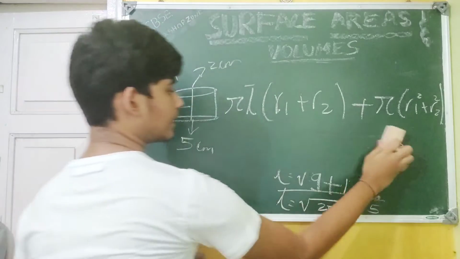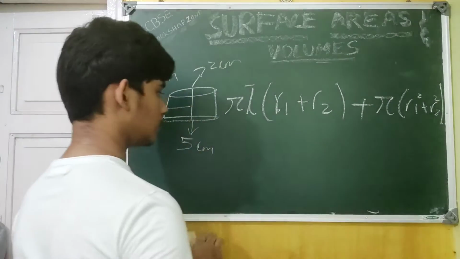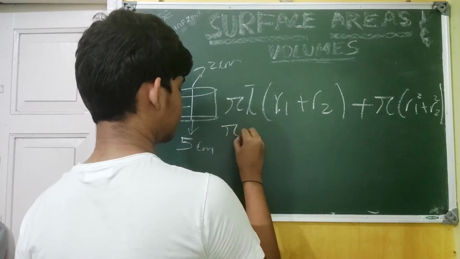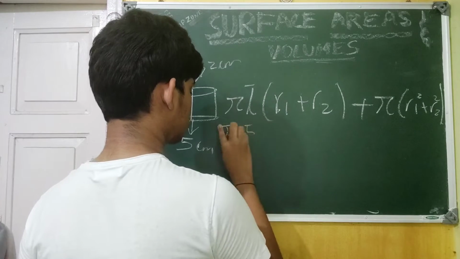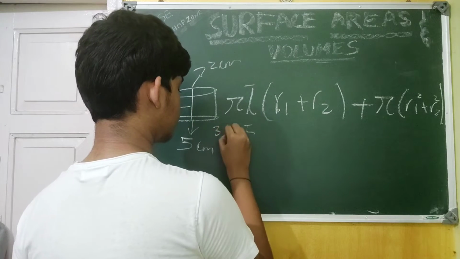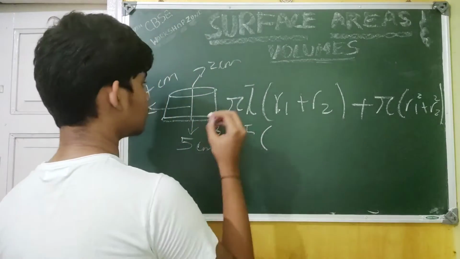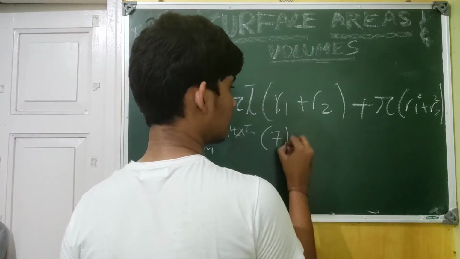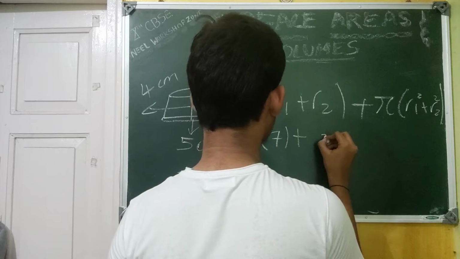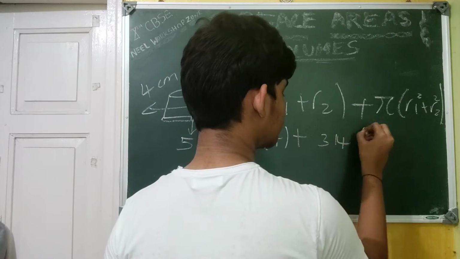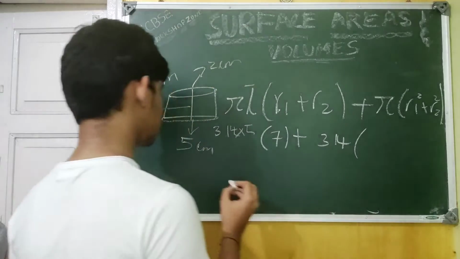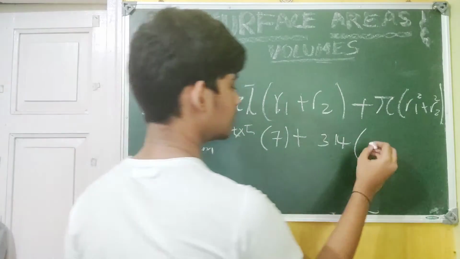Now that we have got that L is equal to 5, let's plug it in the formula. So let's say 3.14 into 5 into (R1 plus R2), so 5 plus 2 is 7, plus 3.14 into (R1 square plus R2 square), so 25 plus 4 is 29.